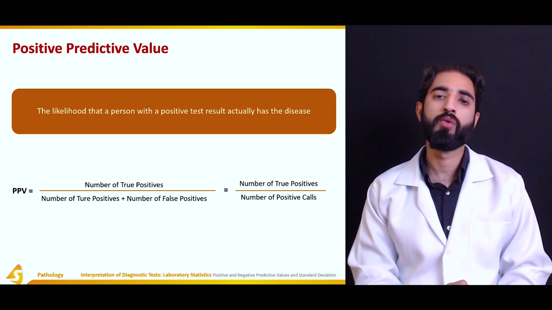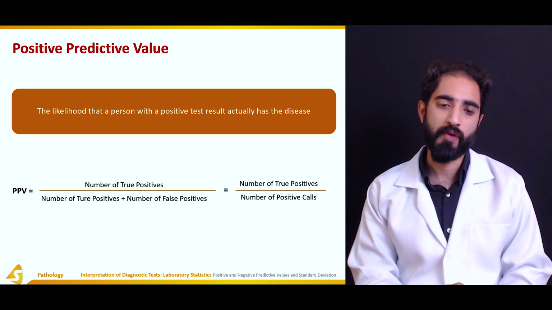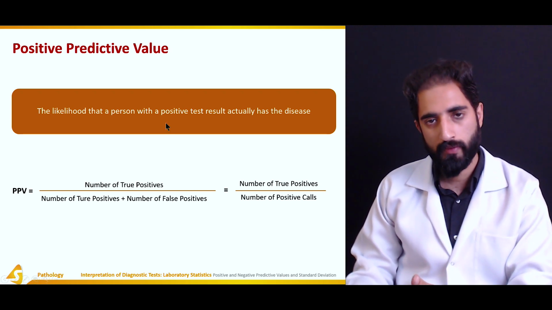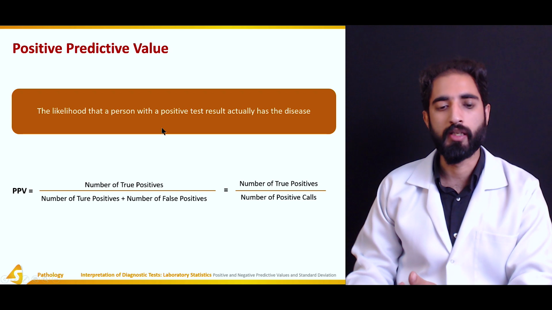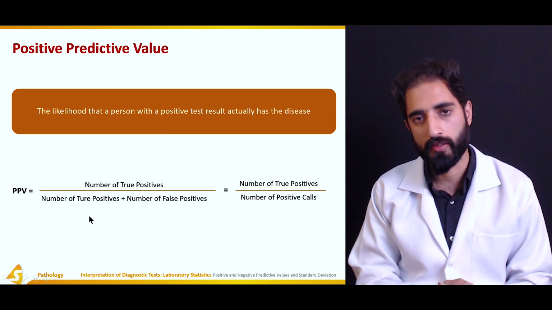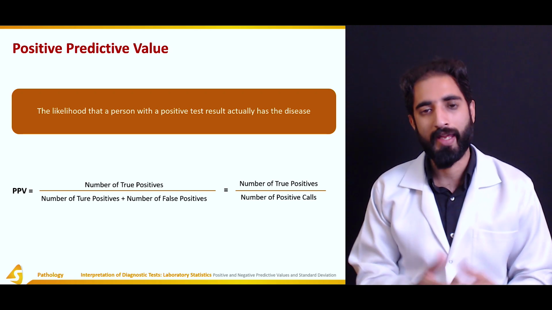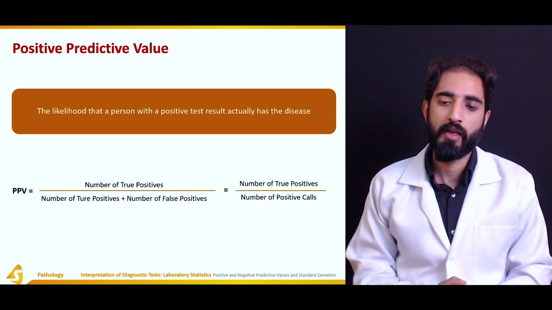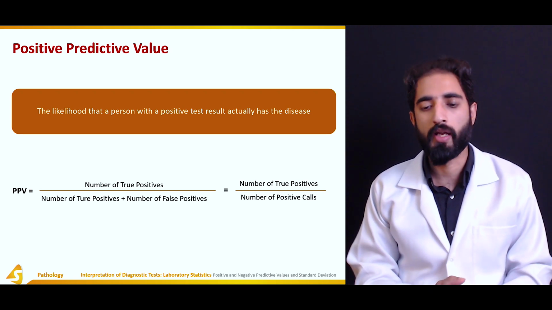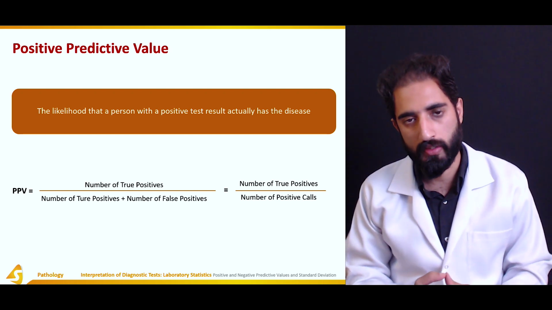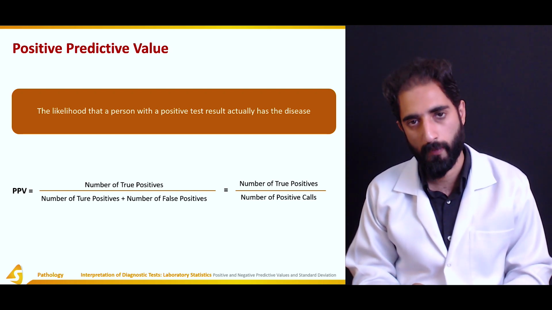If we want to calculate the positive predictive value, we can take the number of true positives and divide them by the number of true positives plus the number of false positives, the sum of both. So in short, the positive predictive value is the number of true positives divided by the number of positive calls, which is the sum of both true positives and false positives.